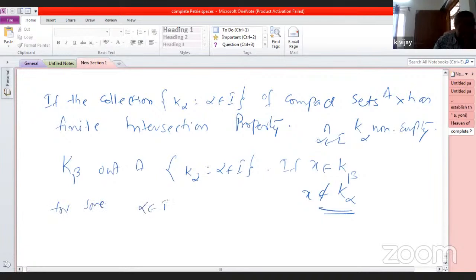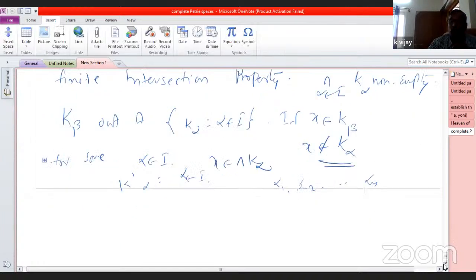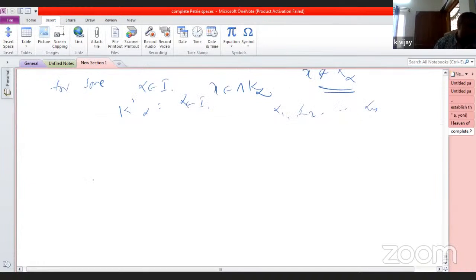For some alpha belongs to Y, otherwise x belongs to the intersection of K alpha, we are taking here. I am writing the collection of K dash alpha, alpha belongs to Y. Therefore, the open cover of the compact set K beta, we are writing alpha 1, alpha 2 and so on alpha n, a subset of K beta. So we can take here K alpha 1, alpha 2 and alpha n.